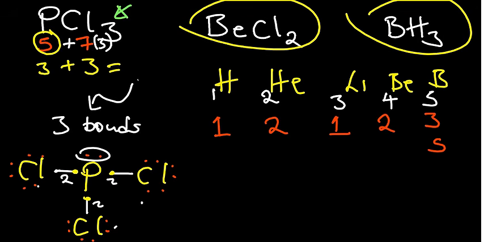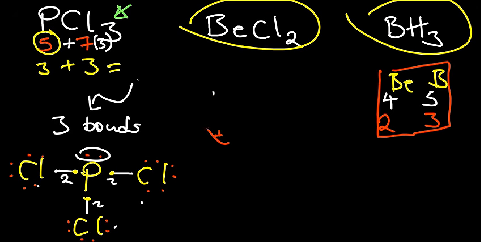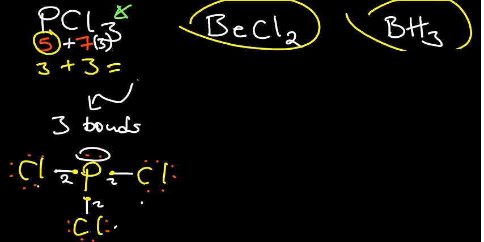So instead, beryllium and boron will use what they have, since these are the ones performing covalent bonding. Hydrogen will use its single electron to make it 2. So boron and beryllium will not attain any octet. Of course, beryllium is going to stick to 2 electrons. Okay, so that's why they basically are restrictions.